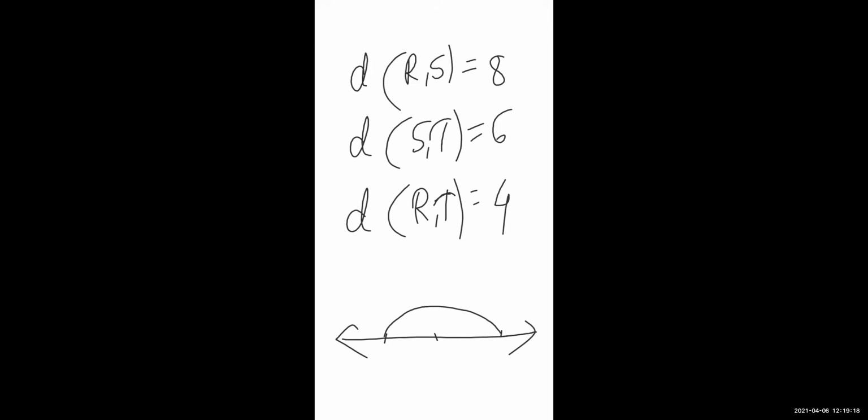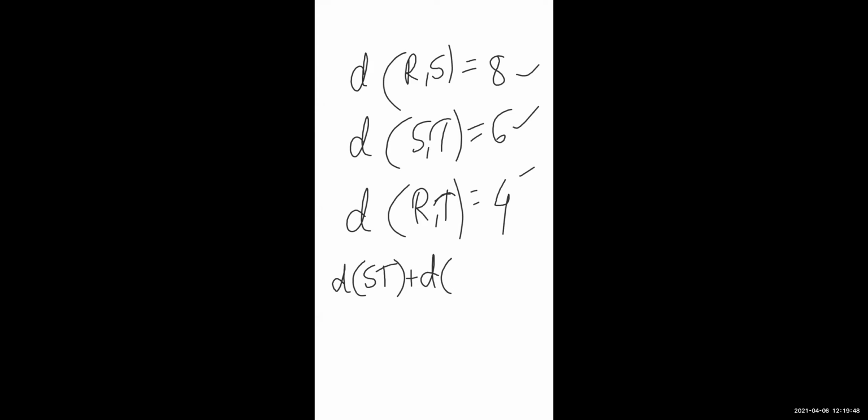Which number is bigger here? Yes, that is 8. That means we have to add the remaining two smaller distances. So distance of ST plus distance of RT must be equal to the distance of the bigger number, RS.